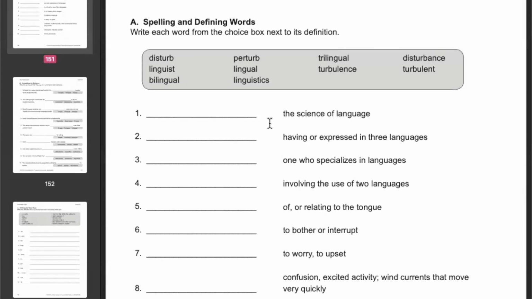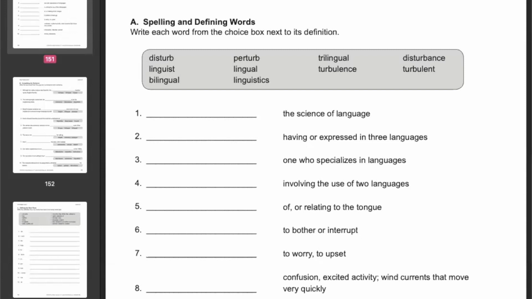So we do have quite a few words that are relating to forces of nature and, I guess, as I say, agitation of different things, whether it is the wind being a turbulent thing or having maybe a turbulent conversation. Some of these words are used in both literal ways and metaphorical ways.